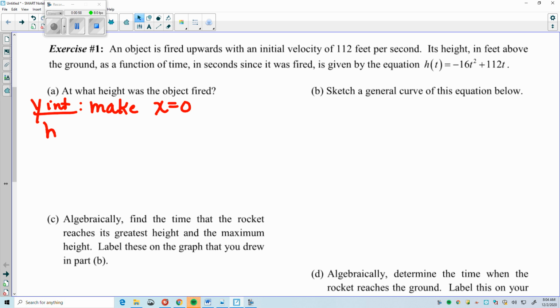So in our formula, we're just going to substitute in a 0. So I have negative 16 times 0 squared plus 112 times 0. Okay? And if we simplify this, anything times 0 is 0, which is going to tell us the height it was initially fired at is going to be 0 feet.